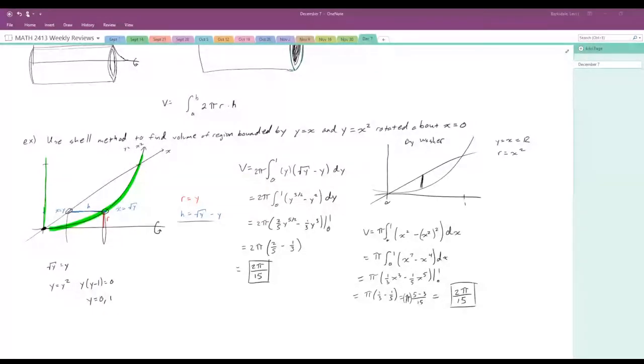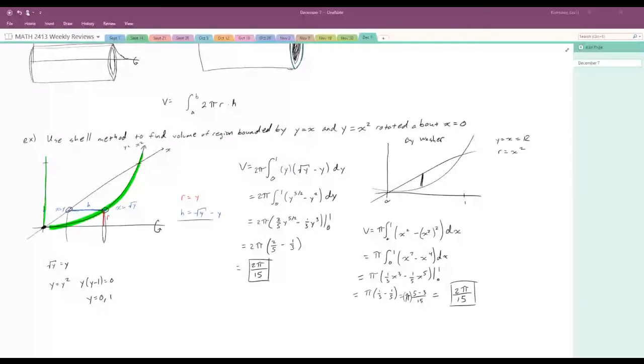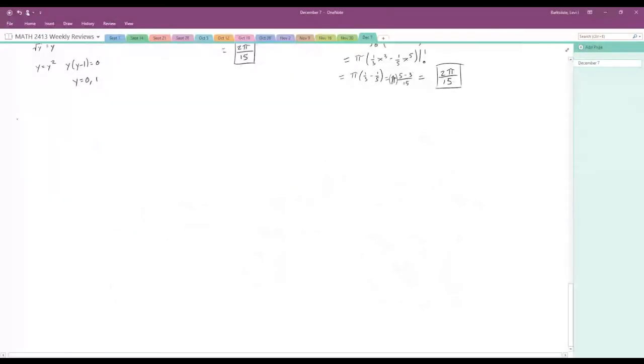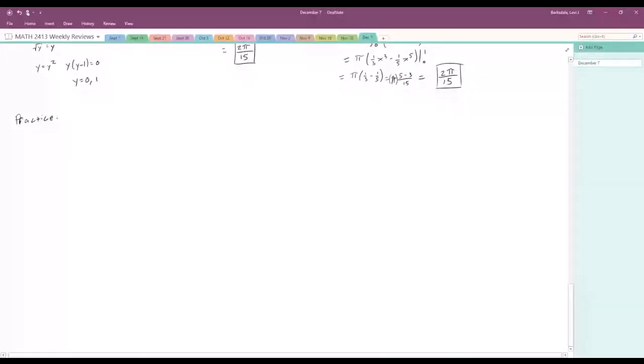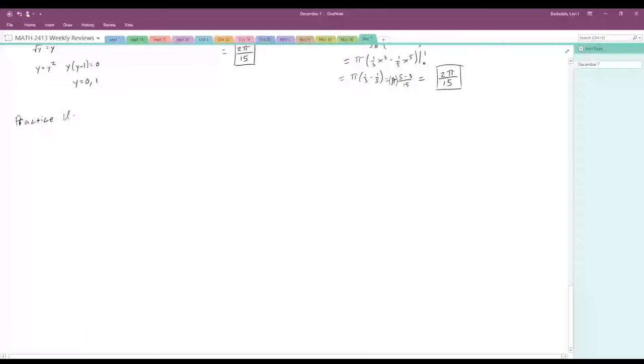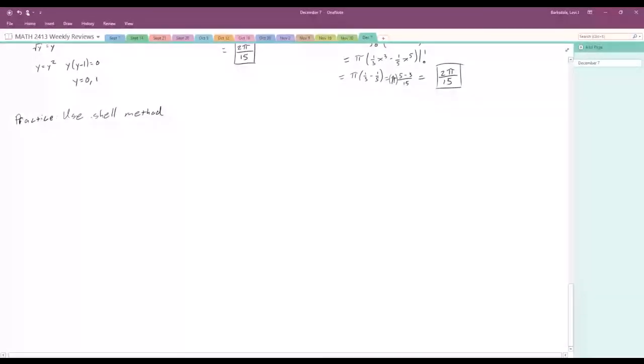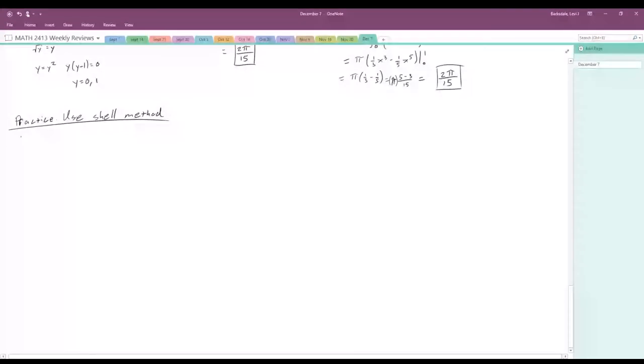All right. In that case, time to do some practice problems. We'll start with just one for the shell method. Use shell method.